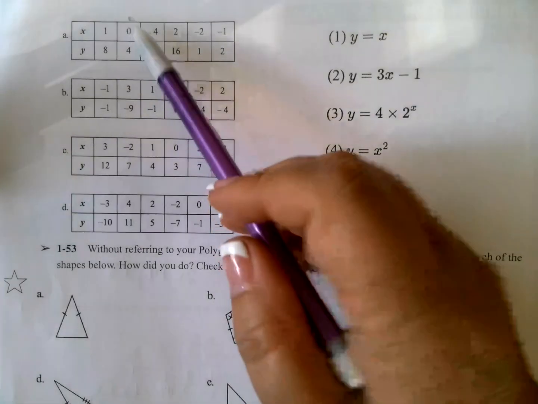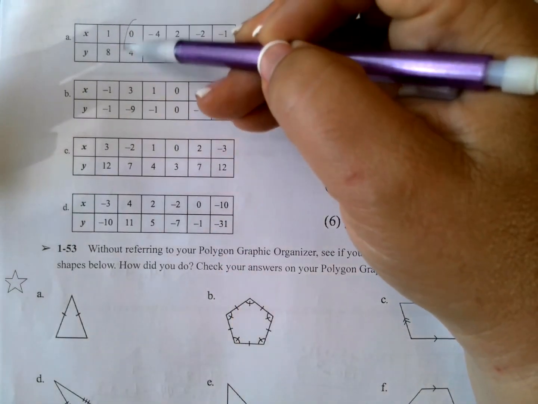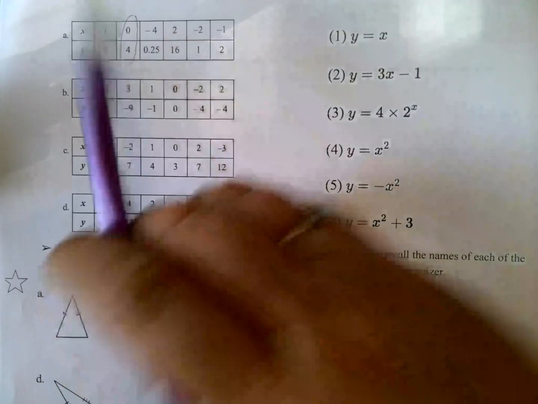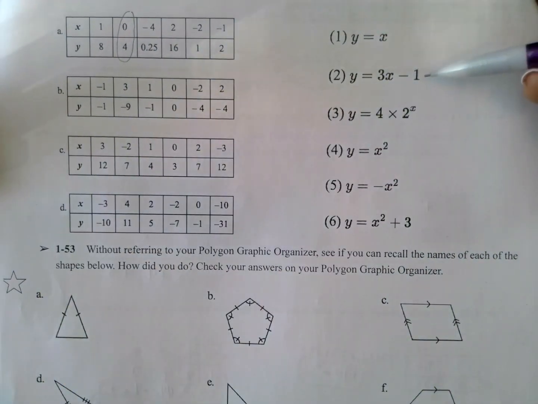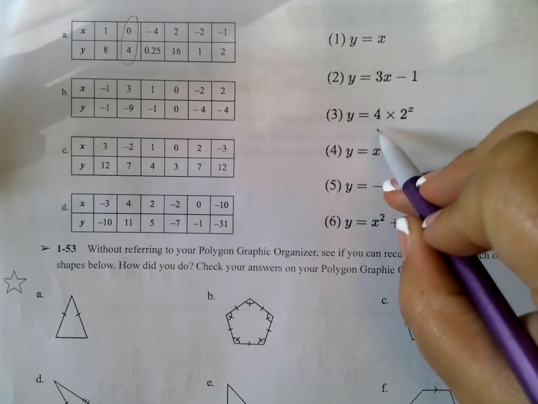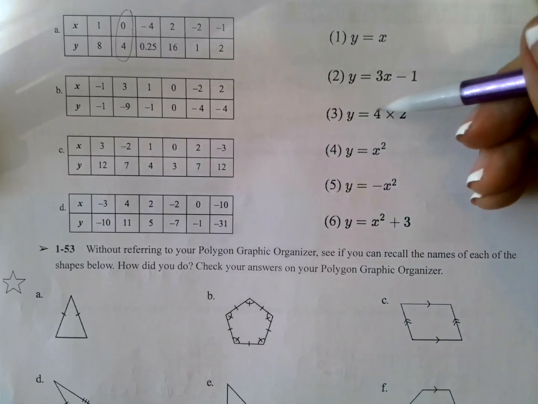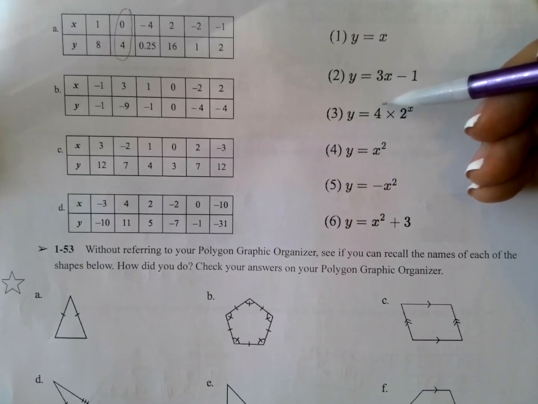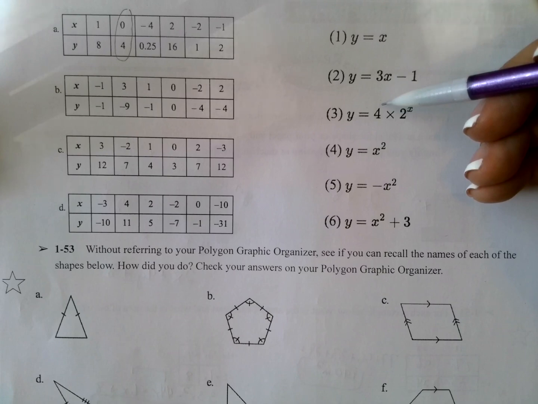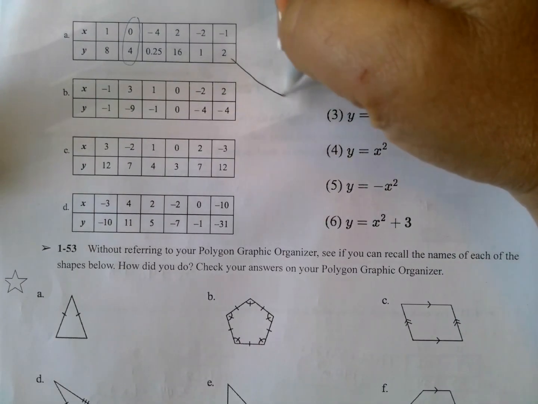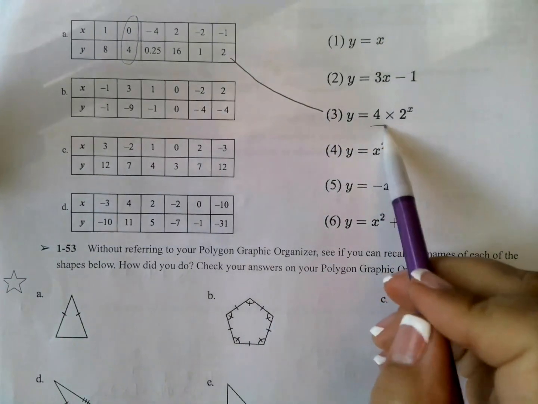So looking at this, I can tell that my y-intercept or my starting value is going to be at 4. This starting value is at -1. This starting value, since exponential, we always have our starting value first at 4. And so A and 3 go together since that starting value is at 4.